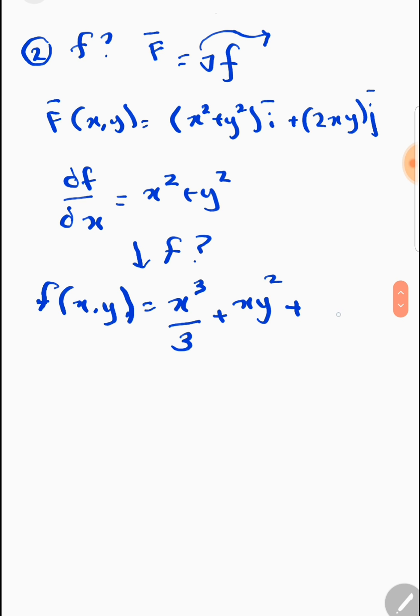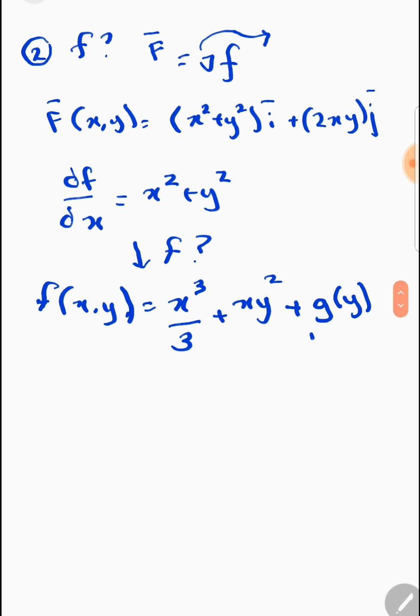And typically, when we deal with integration without a limit, we leave a constant k, right? And in this case, we're not going to put constant k. In fact, I am going to put a constant and indicate it in terms of g(y). Because it doesn't matter, right? Because I am integrating it with respect to x, any constant in terms of y will still give me a 0. Alright?